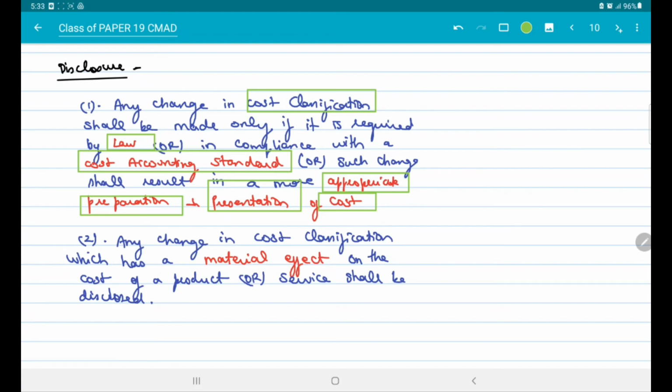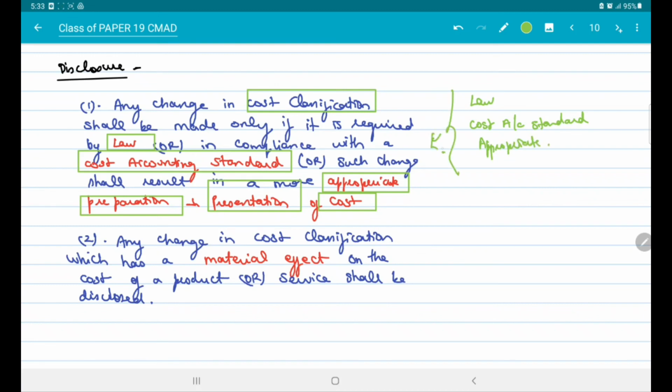And if you are doing so, you have to disclose as a part of notes in your cost statement, telling why you have made the changes. So that change is allowed, but only if it is by law or by cost accounting standards, or it is for an appropriate preparation and presentation.